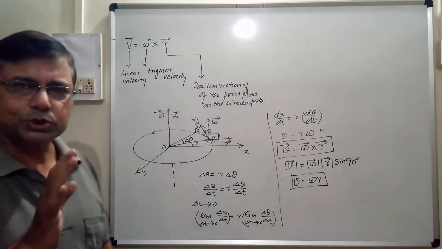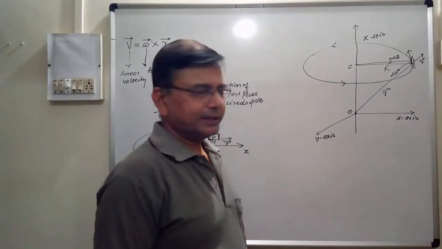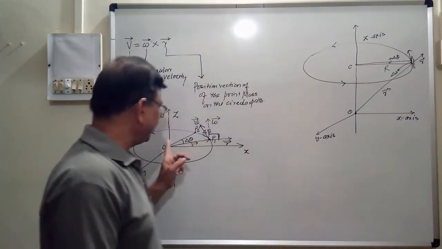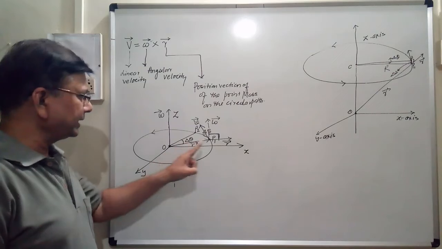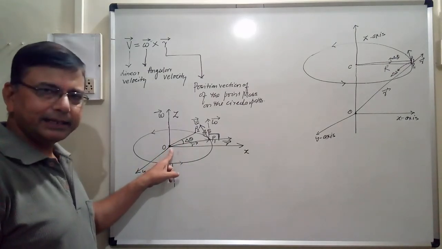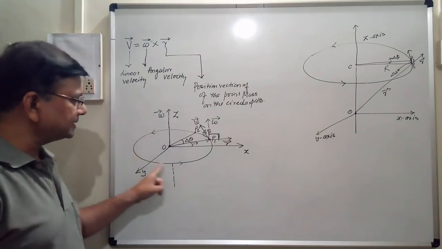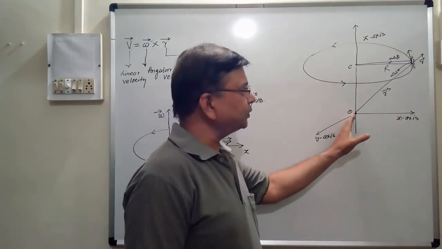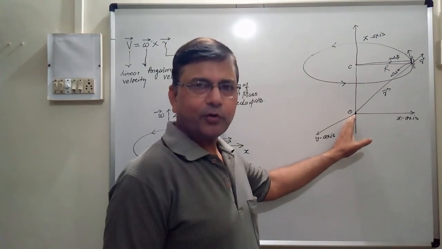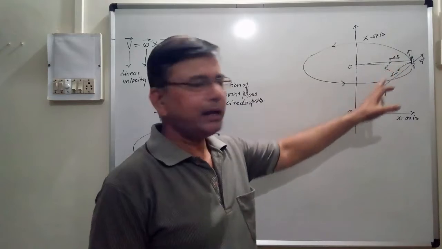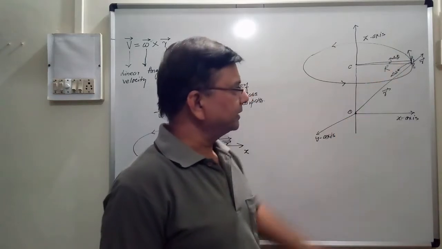Now see children, a slight change I have made in this. Initially, the origin of the coordinate axes was the center of the circular path. Now, I have changed the position of the origin from where the position of the particle is being observed, right?